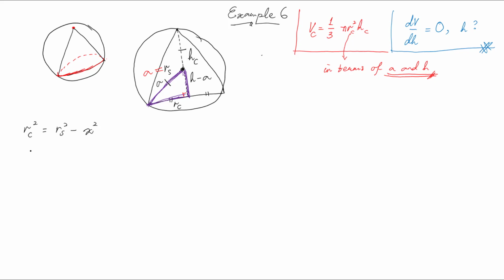Okay, then since the radius of the sphere is called A, now we can use this one as simply R. So R square is equal to A square minus this part, which, since there's only one height, H is ample enough, minus A square.